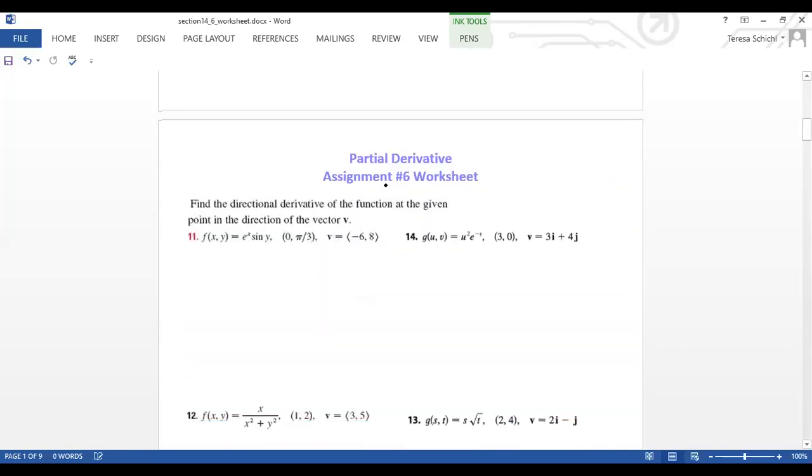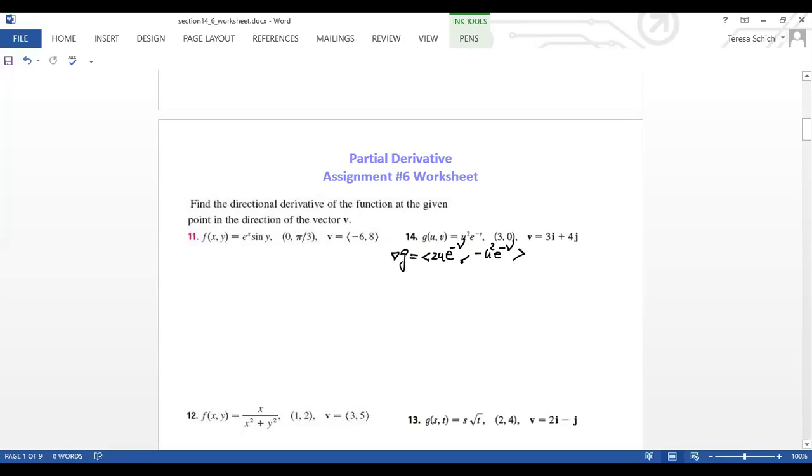The next one I'm going to work is number 14 here. I want to find the directional derivative according to these vectors. First, the del g, that's the gradient vector. So gu is 2u e to the negative v, and then gv is negative u squared e to the negative v, correct?